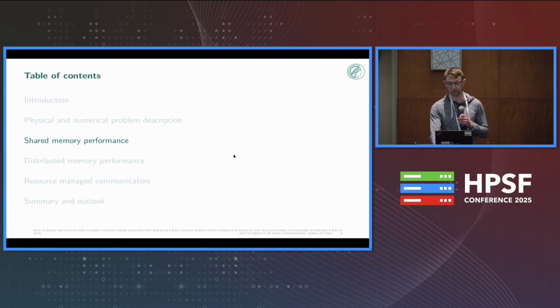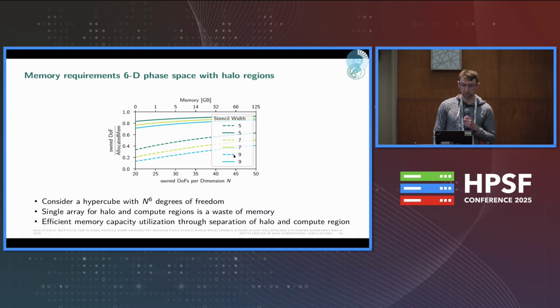Shared and distributed memory performance. The first thing is that we have a memory problem in this setup. If we went the direct way and allocated a 6-dimensional hypercube including the halo regions, our compute region would only be about 50% of the memory that we allocated.